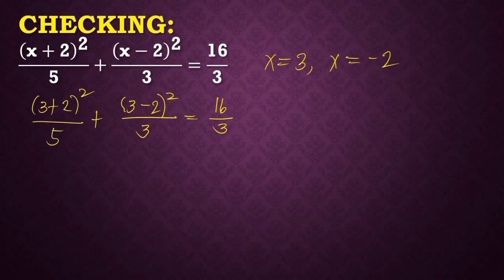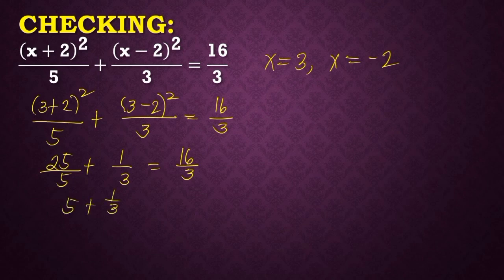So, pag in-square natin yung 5, magiging 25 over 5 plus 3 minus 2, 1. Square natin yon 1. So, 1 over 3 is equal to 16 over 3. So, 25 over 5, that is 5, plus 1/3 equals 16 over 3.